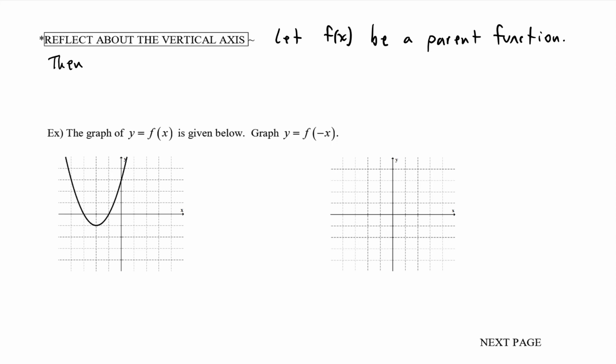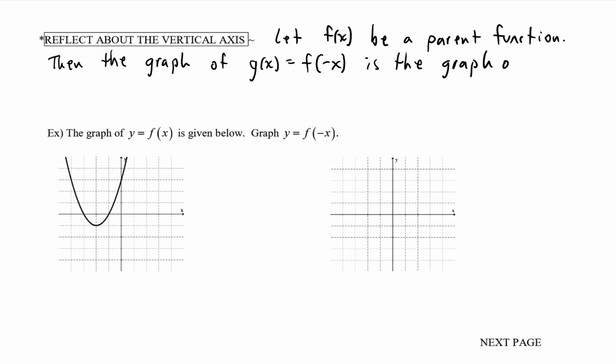Then the graph of g, our new function, which we're going to define as f of -x, so we replace x with -x, is the graph of f reflected over the vertical axis.